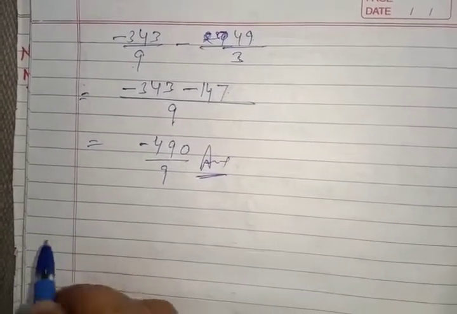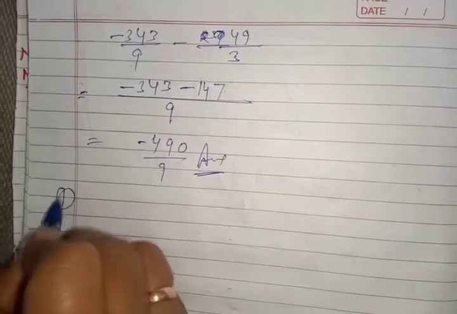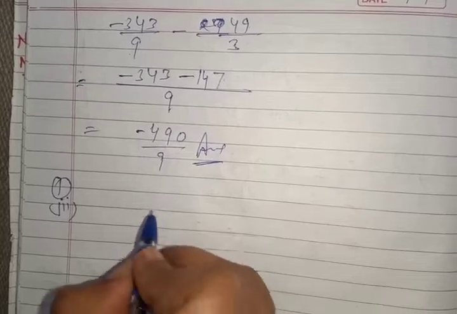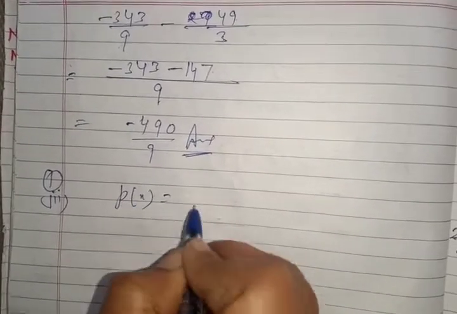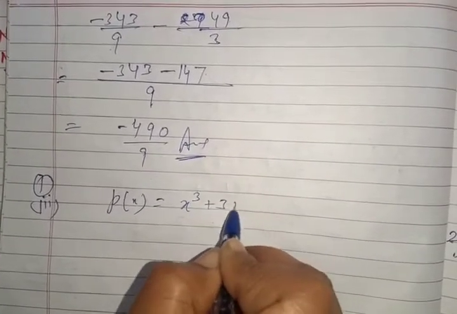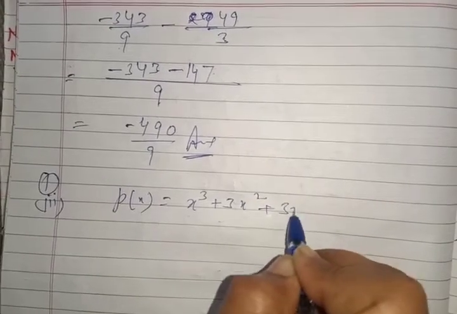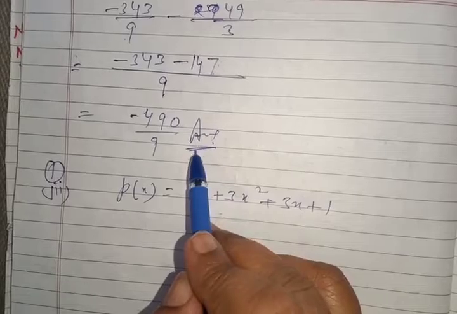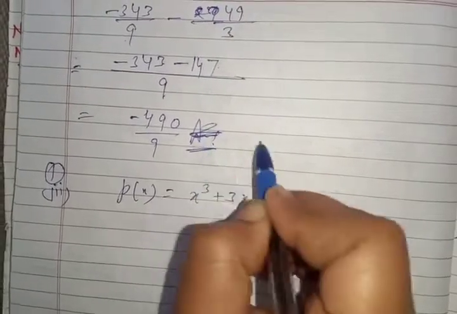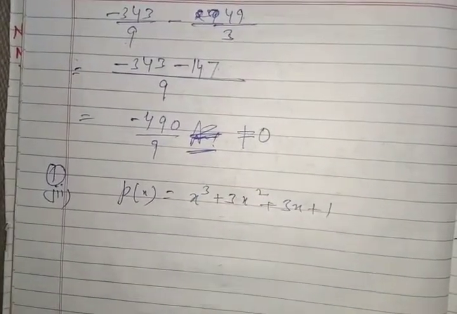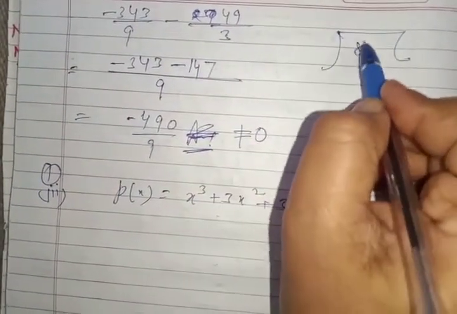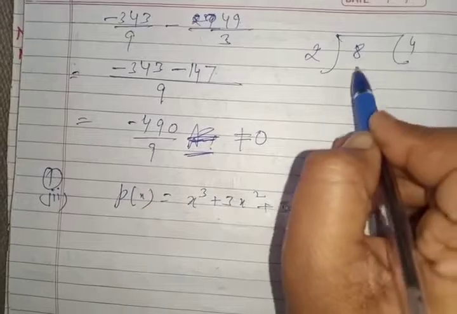One more part I can solve, the first question, third part, because students generally find it difficult. So let p(x) be x cube plus 3x square plus 3x plus 1. Sorry, I forgot, the question was to check whether it's a factor. You know that if I say 8 is a factor of 2, what is its meaning?